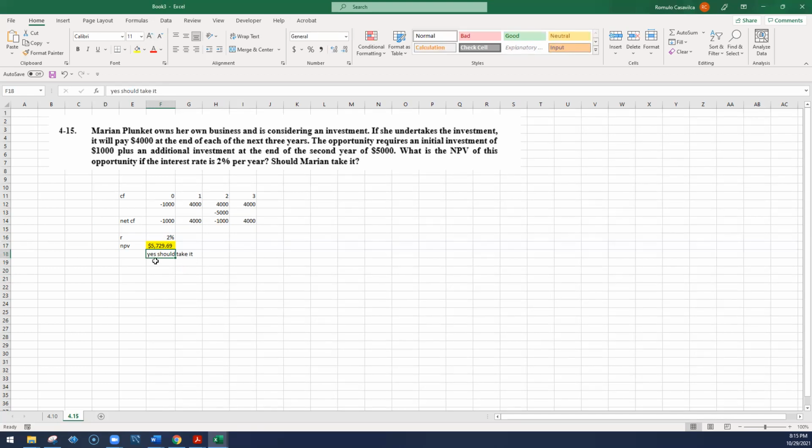If it's 0 or above 0, then if it's 0, it pays you the required return, right? In some finance books, they compare the IRR versus the NPV. If the IRR equals the cost of capital, or the R, in other words, it will make your NPV 0.